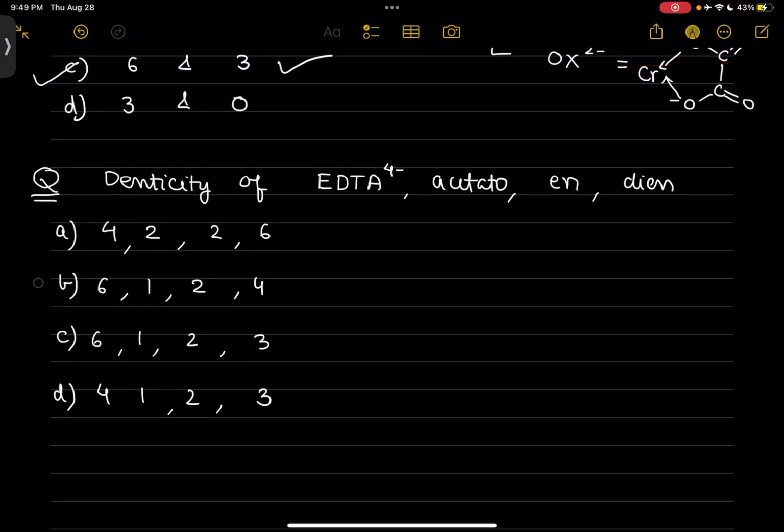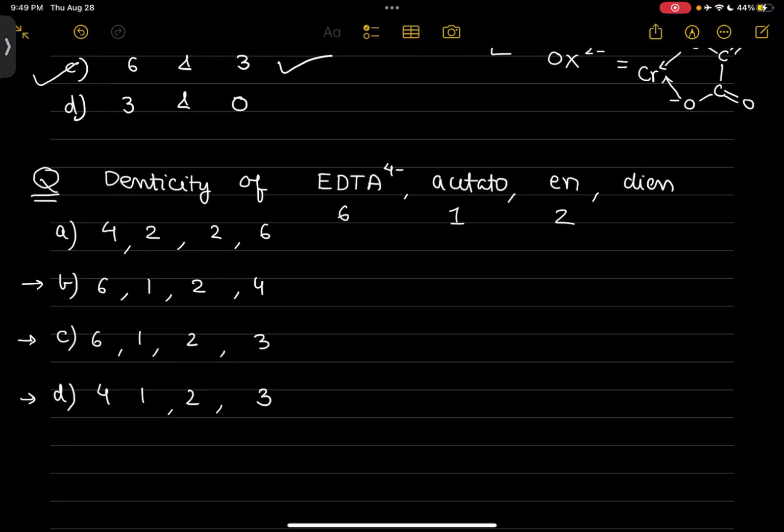B or D? Second option or the third option? B, the second one, 2, that is 6. Acetate is 1. Ethylene diamine is 2. And what is the full form of dien? Dien is diethylene triamine.